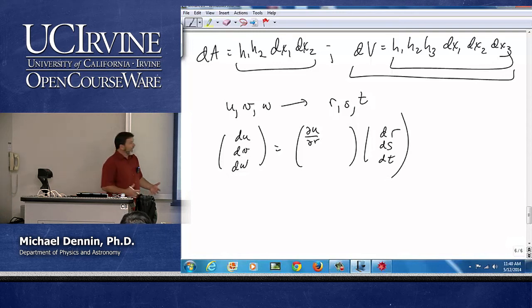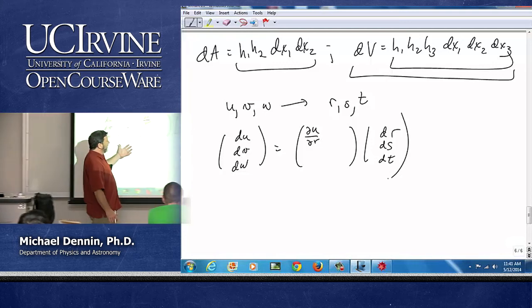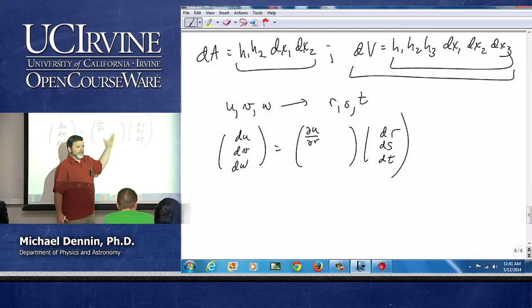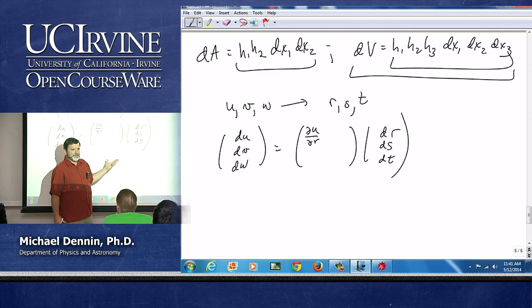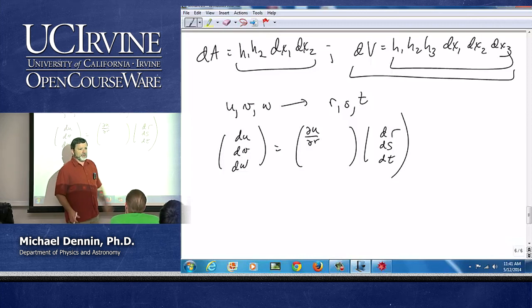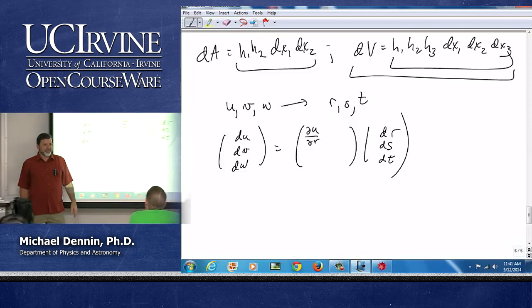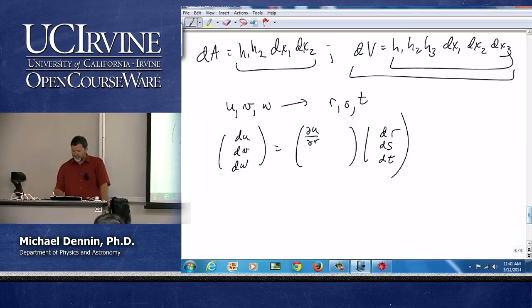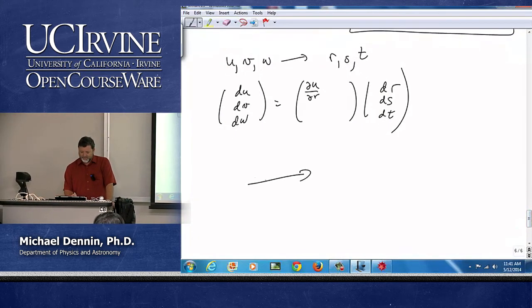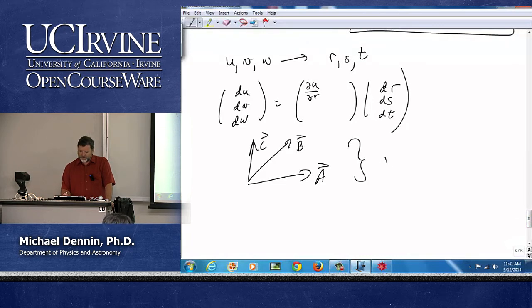Now, having done that, how do we get volumes out of things? Do you remember what we used to get a volume of three vectors? If space was spanned by three vectors, right? If I had A, B, and C, how do I get the volume spanned by A, B, and C?